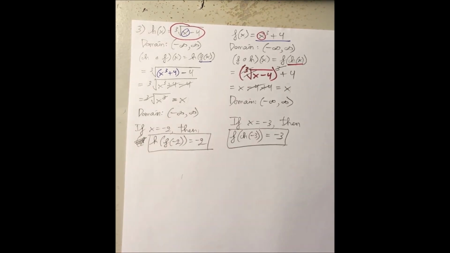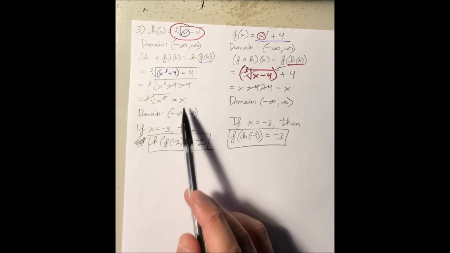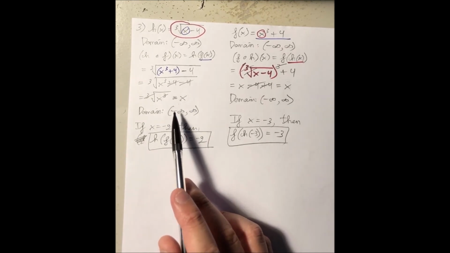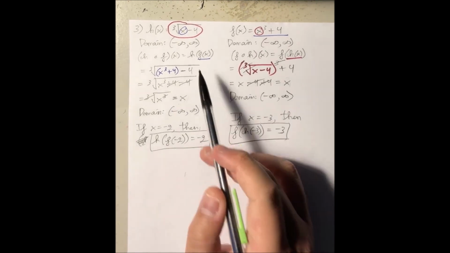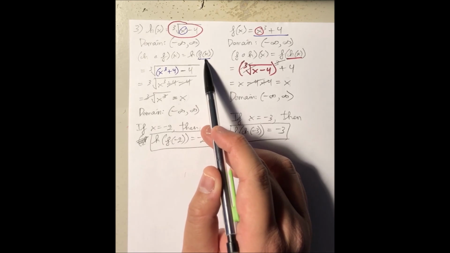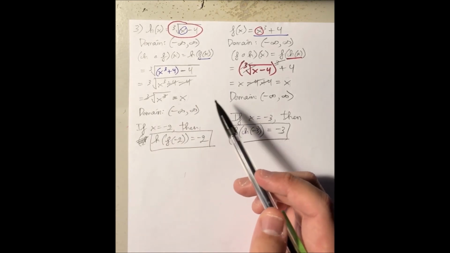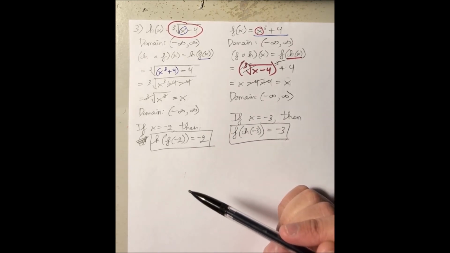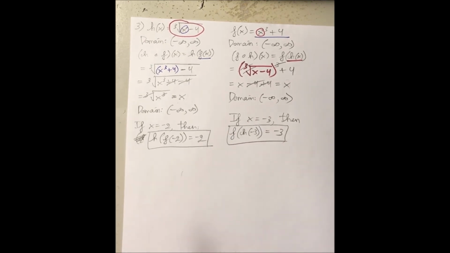But if it doesn't, and if the domain of the result also doesn't have any restriction, then you get to say the domain of the composition of functions is all real numbers. But if either the domain of the inside function or the domain of the result has anything like x cannot be equal to a number, then you want to exclude that x value. So that's why you can say all real numbers except x cannot be equal to such and such.